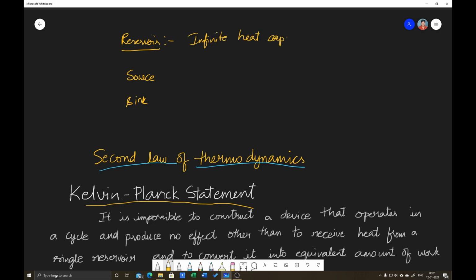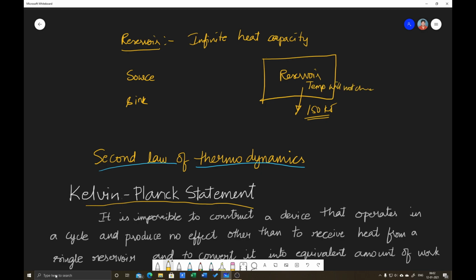What does it mean? We'll see. Infinite heat capacity means, say there is a reservoir. So if you take out some heat, say 150 kilojoules, even if you take out some heat, this temperature will not change. Okay, this temperature will not change.